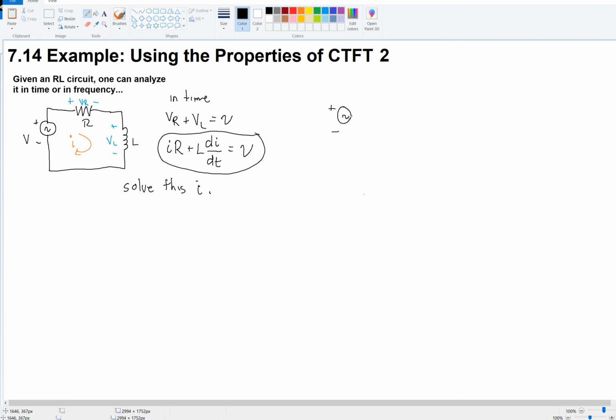Instead, for some reason you made this capital V. More on that in a second. And then you replaced the resistor with this box, and you still called it R. And then you replaced the inductor with a box, and the impedance of the inductor is j omega L. You should have learned that, and it's okay if you don't remember it.